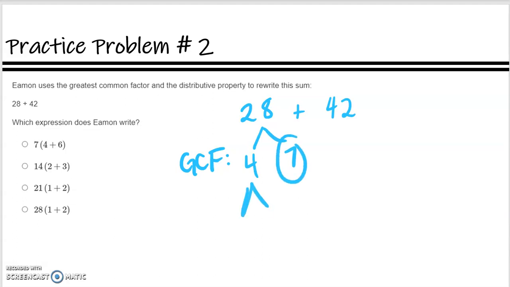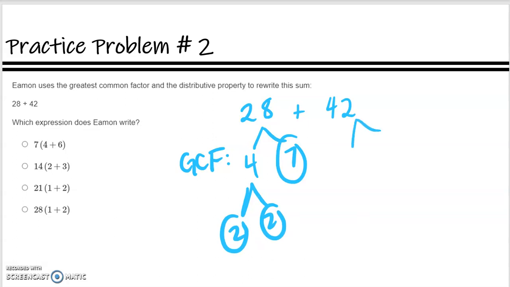Practice problem 2. Eamon uses the greatest common factor and the distributive property to rewrite this sum, 28 plus 42. So remember, this is one where you need to find the GCF, and that's the number you pull out to the front. So 4 times 7 is 28. And then there's my prime factorization of 28.